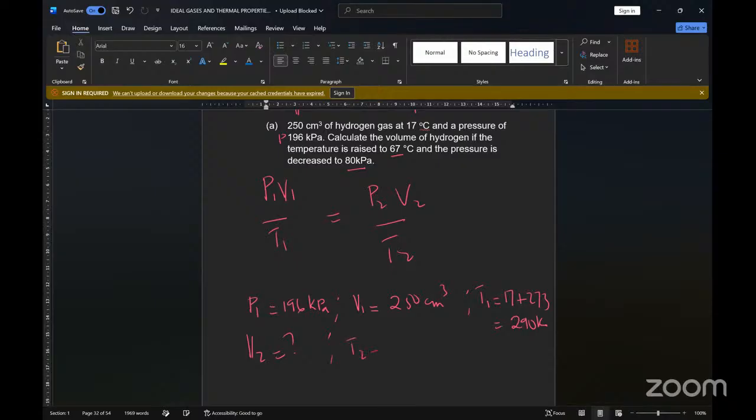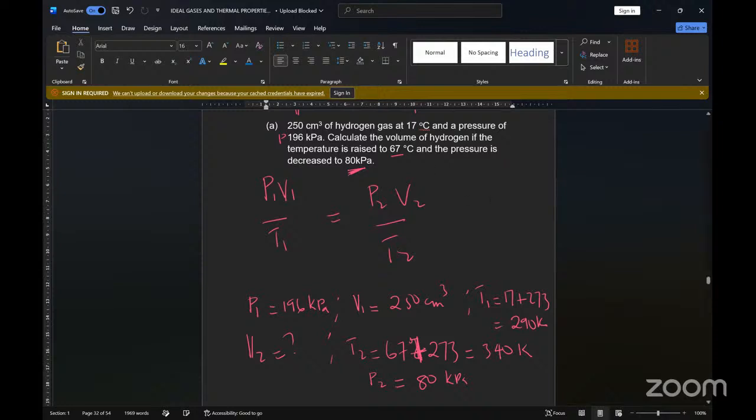So your T2 is 67 degrees Celsius, which is 67 plus 273, and that gives you 340 Kelvin. And then the pressure P2 is equal to 80 kilopascal. That is this one here.